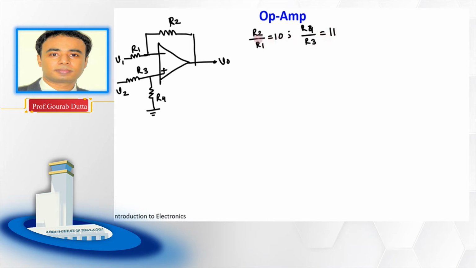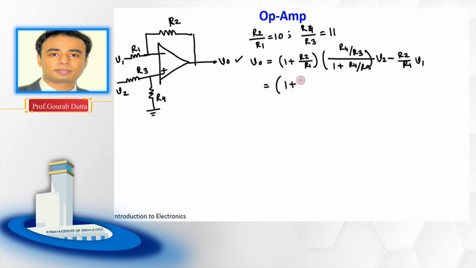So obviously you can see that R2 by R1 and R4 by R3 ratios are not the same. Then what will be the output? We have seen this in the last page. We can write the expression of output like this: (1 plus R2 by R1) times R4 by R3 over (1 plus R4 by R3) into V2, minus R2 by R1 into V1. Now we know the ratio of these resistances, so let us substitute that.